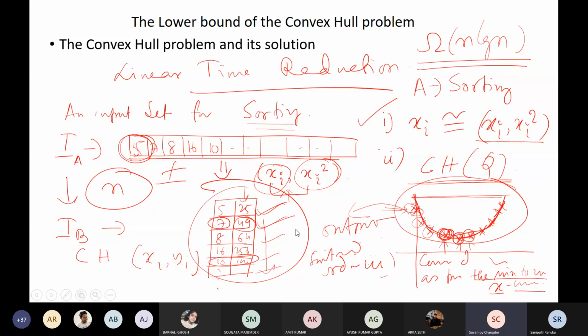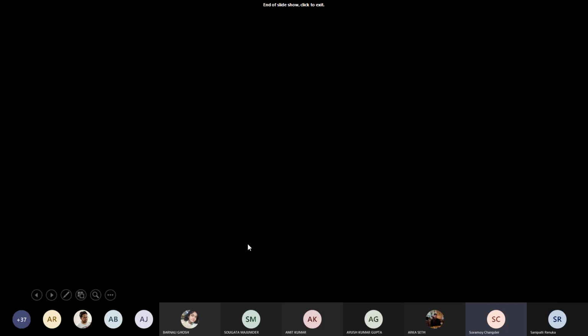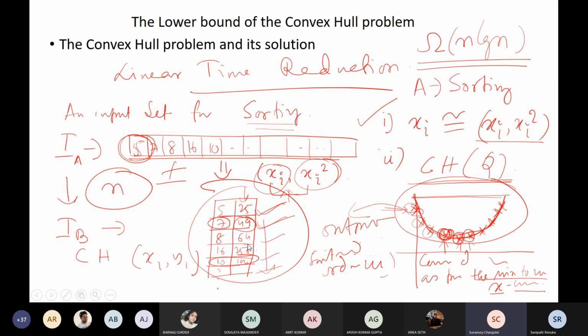Okay. So if we get all the points in sorted order, we will discard these values, and we will consider only this. So we will get 5, 7, 8, 10, then 16 and so on, which is the output of a sorting problem.